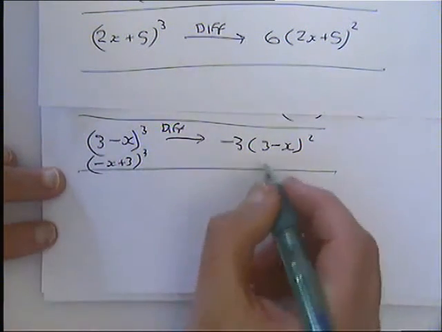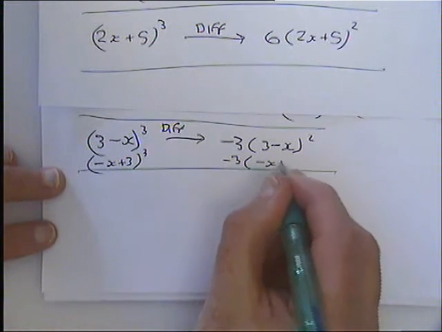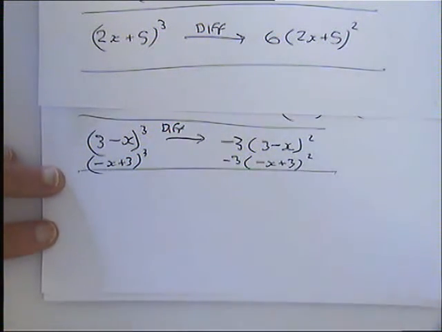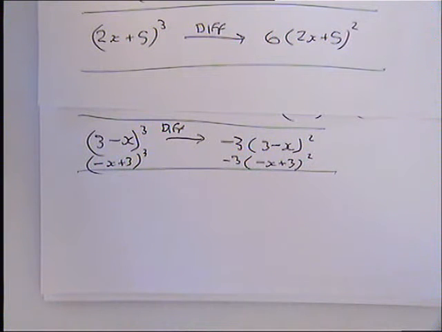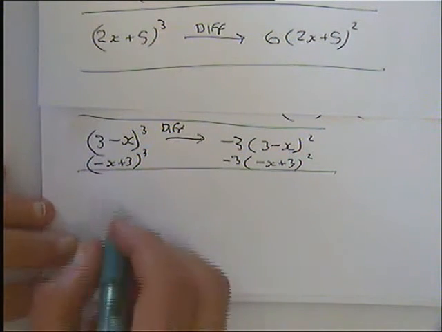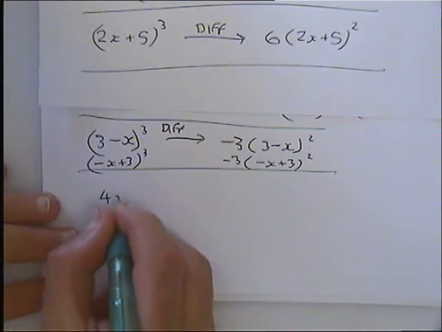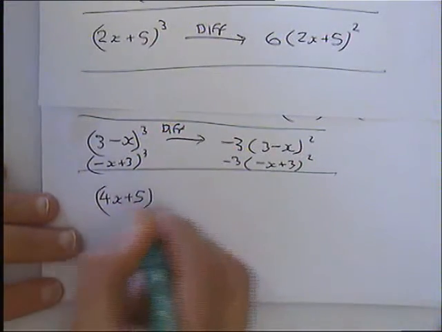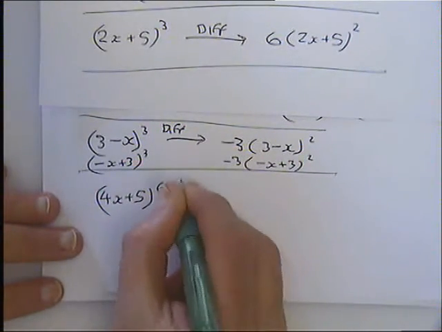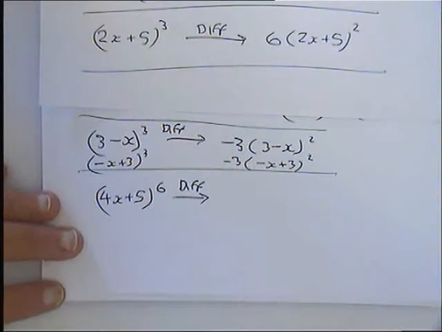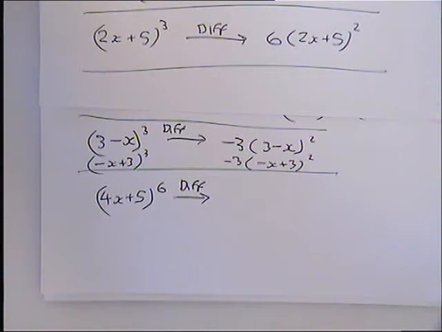I've just written things in a different order. And over here you may prefer to write it down like that, because it's the same thing. Do you think you spotted something? Before I ask you what it is, if I write this down, I've got a thing. If I differentiate that, Beth, would you be confident you could come up with the answer?